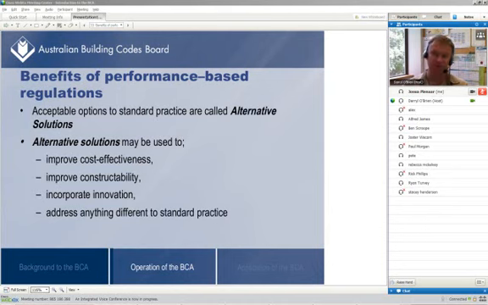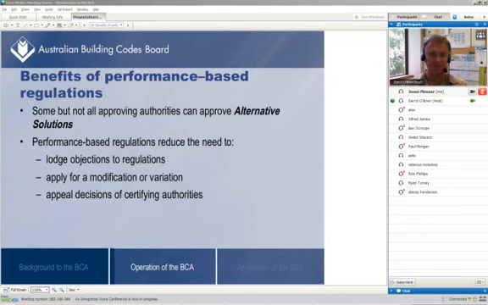That's not a deemed to satisfy, that's an alternative solution. But provided that that solution can be shown to equal or be better than the performance requirement, that's fine to do it that way. Some but not all approving authorities can approve alternative solutions.